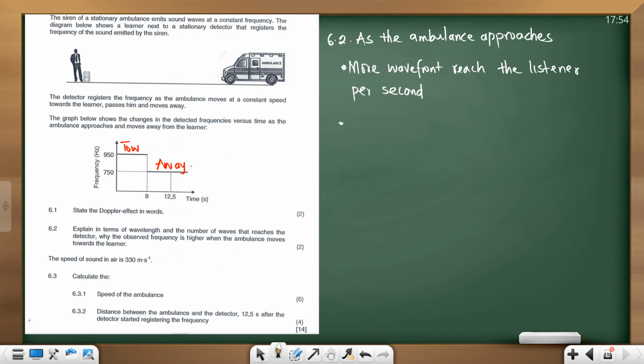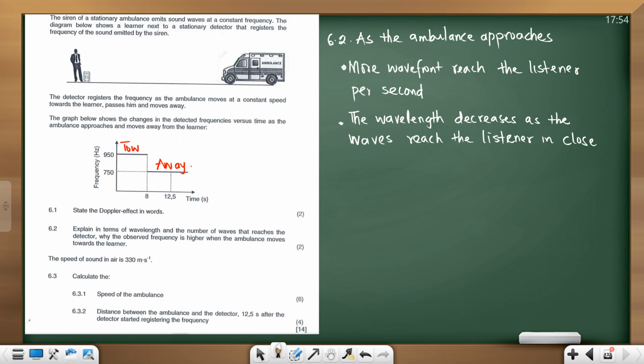What about wavelength? The wavelength does what? Decreases, right? As the waves reach the listener in closer succession. We are done, even if you don't put the words closer succession.